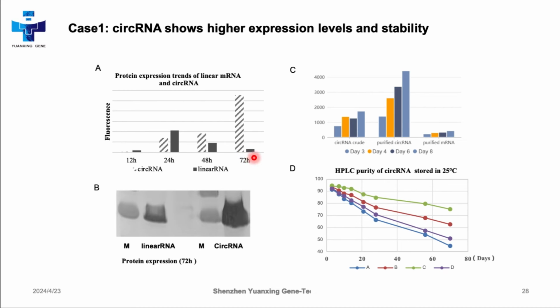Both the cell fluorescence and the Western blot show the same result. Besides, we also screened the stock buffers of the circRNA, and we found one buffer that can store circRNA well at room temperature for about 1 month.